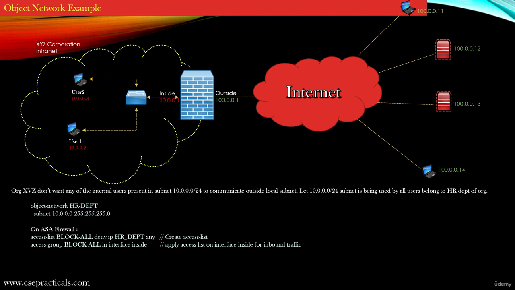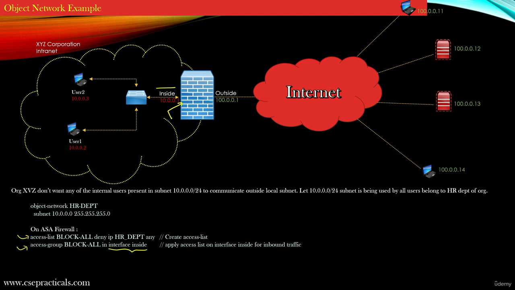Now again, you don't have to go into very much detail on this access control list because it is a subject that we are going to discuss separately. Now as the next step, the user is attaching this access control list on the inside interface of the firewall, that is, on this interface.